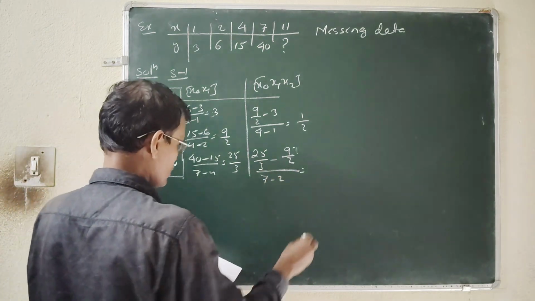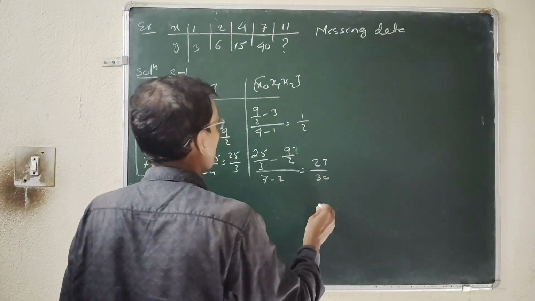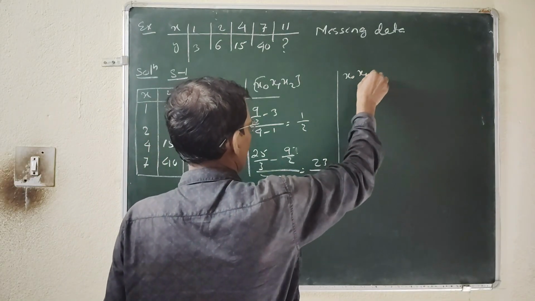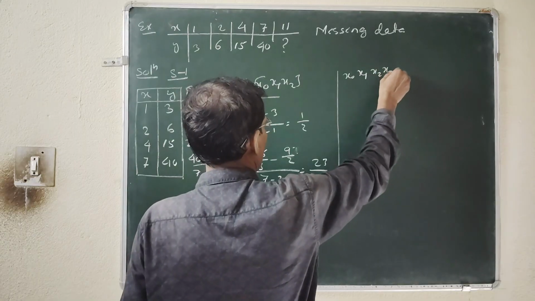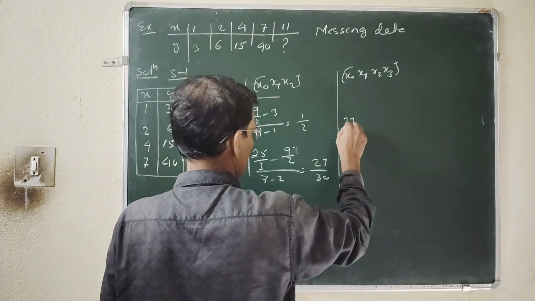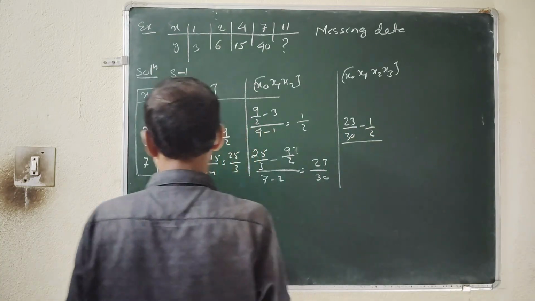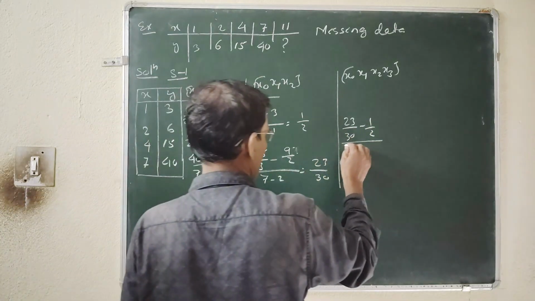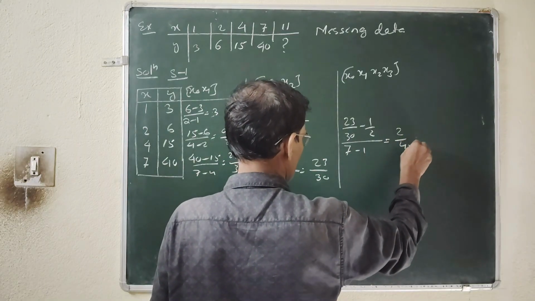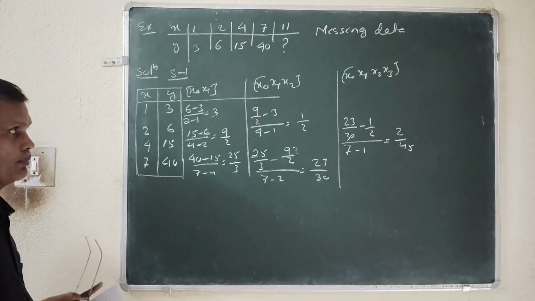The result is 23 by 30. Then the third order difference, that is x0, x1, x2, x3. So this minus this, that is 23 by 30 minus 1 by 2 divided by 7 minus 1, the result is 2 by 45. So this is our divided difference table.